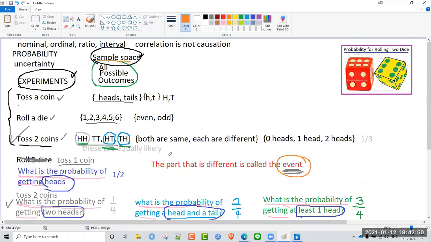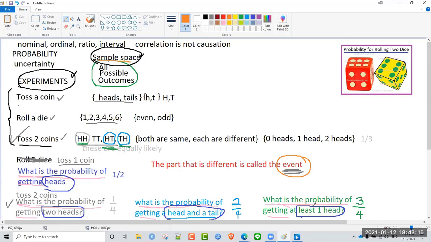Now, one way to think about it is to go back to this sample space here. Let's just review again. So where is this event, the gray one? Getting two heads, where is that? That's this gray circle here, right? And then if we do this blue one, where is that event? That was these two.